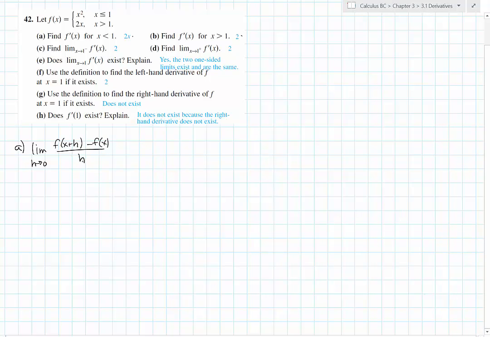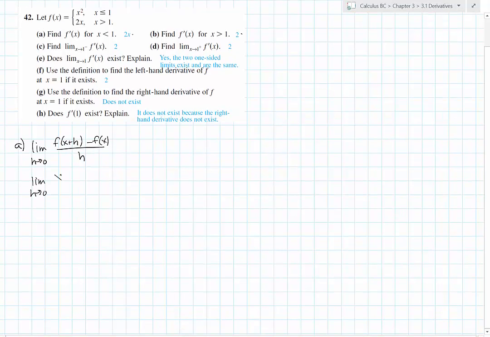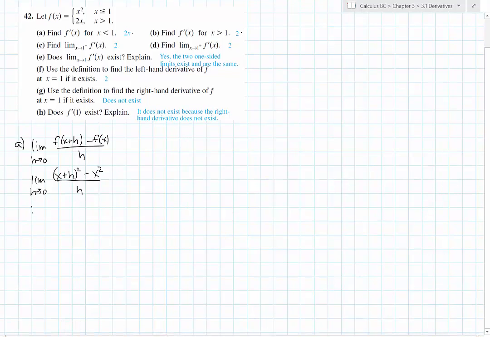Now in this case, because x is always less than 1, we'll be using that first definition in our piecewise, and that is going to be x plus h squared, and f of x is x squared over h.